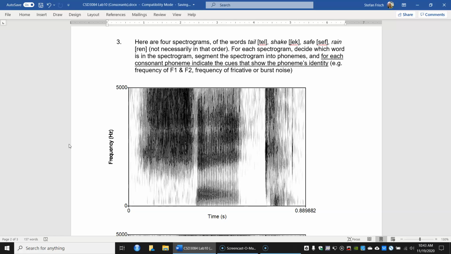Okay, so in the case of this first spectrogram, we have what looks like a fricative at the beginning. That fricative has a fair amount of mid-frequency and above energy. So that is consistent with our palatal fricative sh.